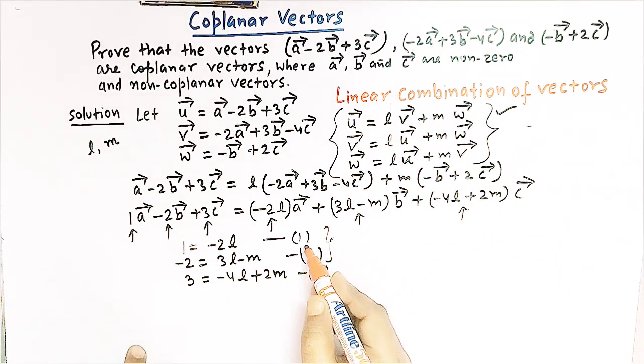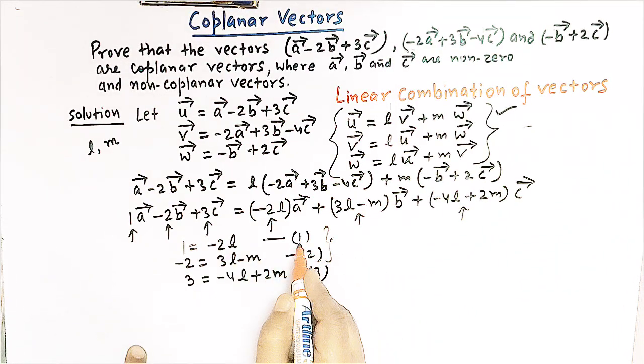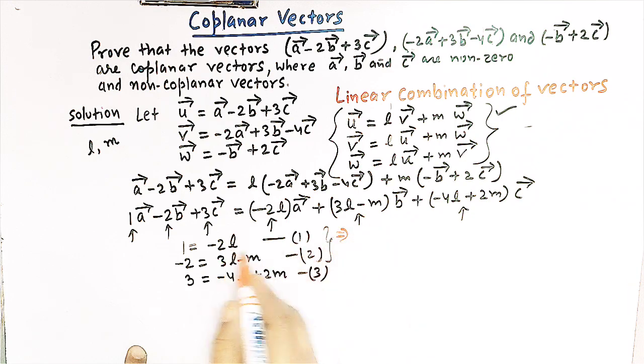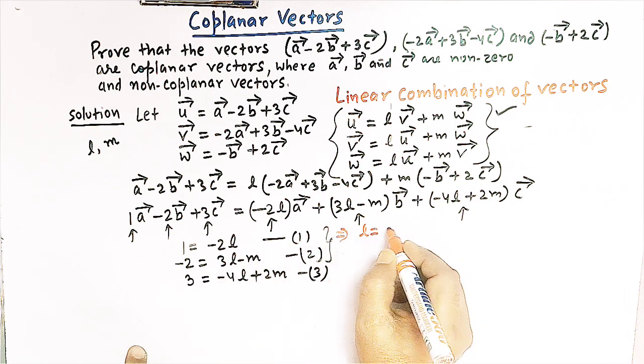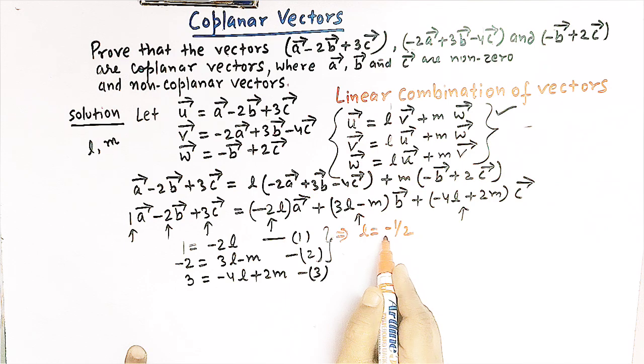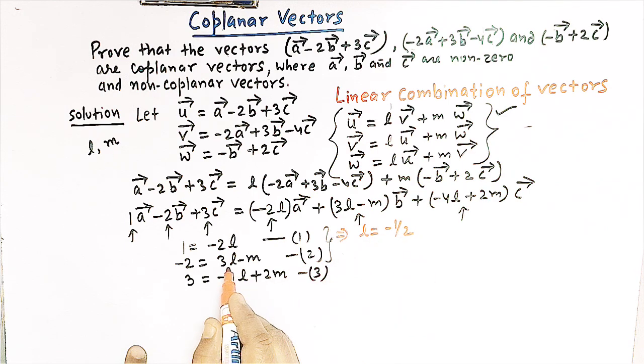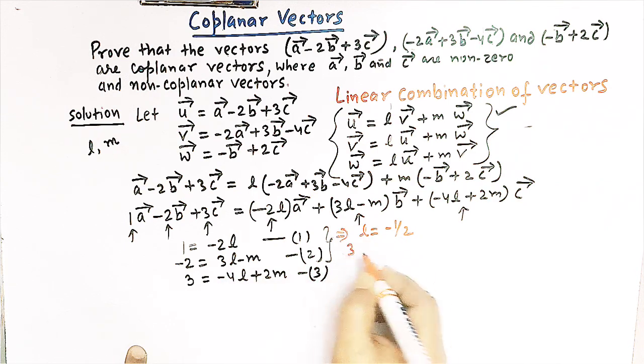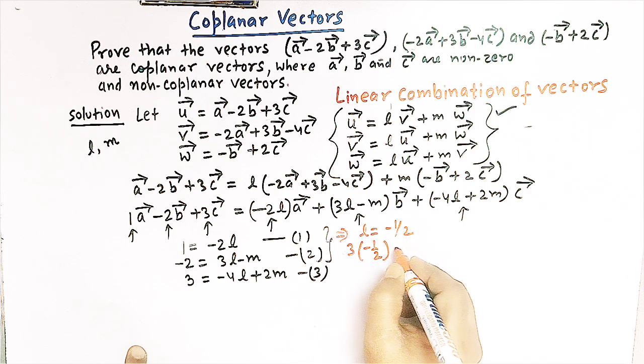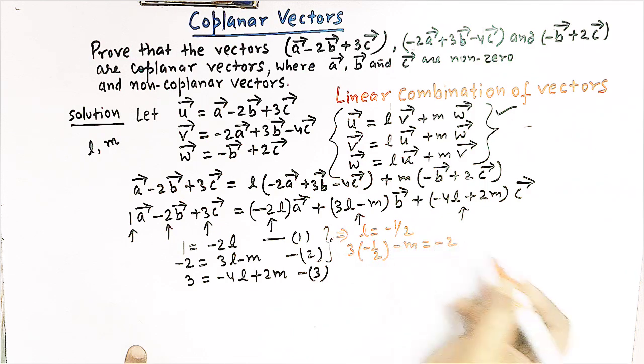So now solving equation 1 and 2, from equation 1 we directly have L is equal to minus half. So let us take L is equal to minus half in equation 2. So we have 3 times minus half minus M is equal to minus 2.